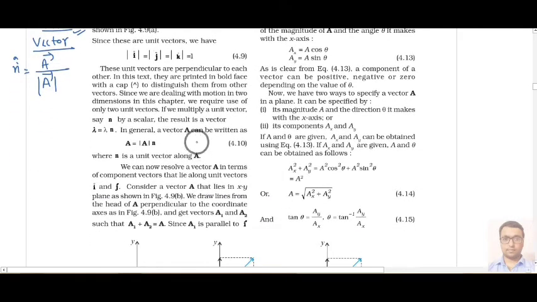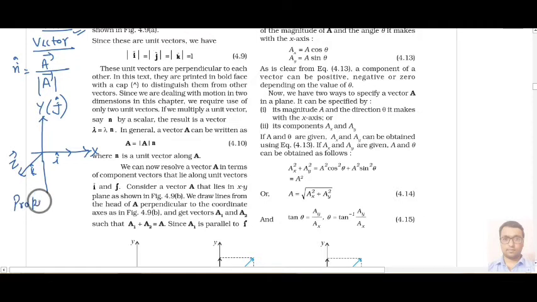So conventionally we have taken 3 unit vectors. Unit vector along x direction is represented by i cap and unit vector along y direction is represented by j cap. Similarly, unit vector along z direction is represented by k cap.